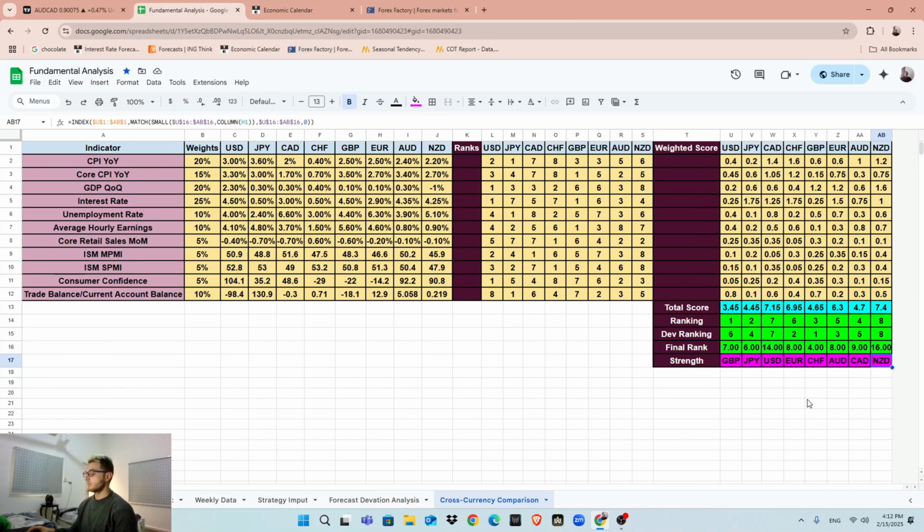These two currencies weakening, not much for the Australian dollar. Why? Because if we see the final ranking, the Canadian dollar and New Zealand dollar are 14 and 16, and all the others are pretty much the same, not huge deviations, except the pound and the Japanese yen.